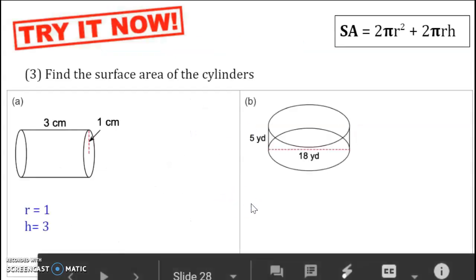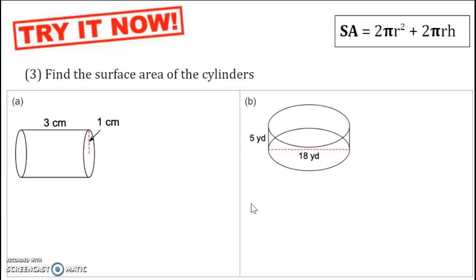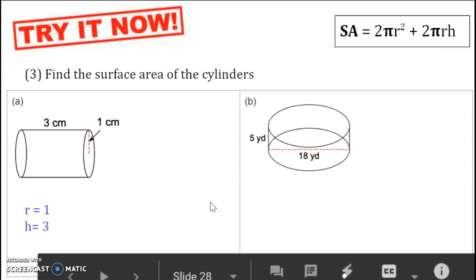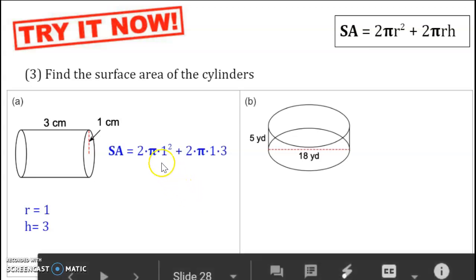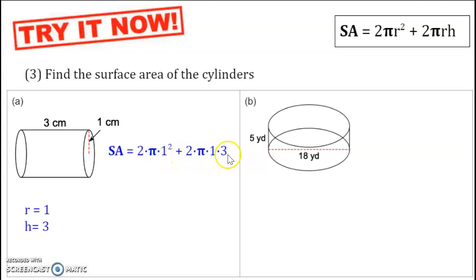Alright, so now let's try this problem. I want you to pause the video and see if you can solve the surface area of this problem. Okay, what do you have? The radius is 1, height is 3, and so the surface area is going to be 2 times pi times 1 squared plus 2 times pi times 1 times 3.